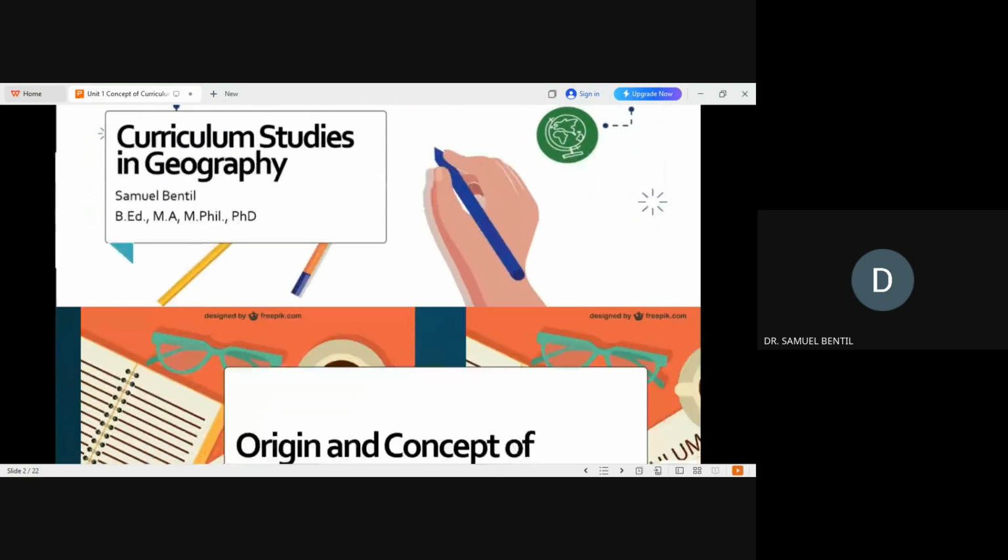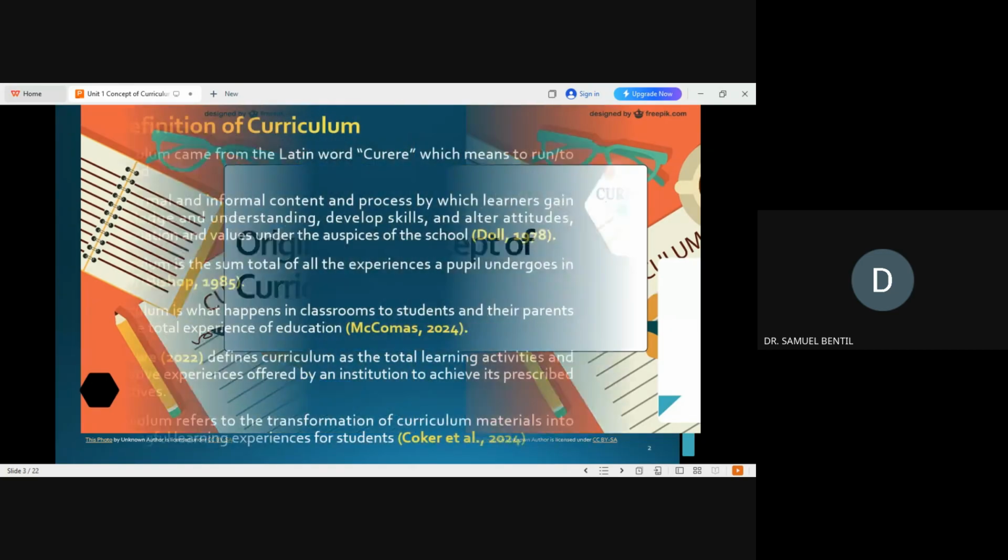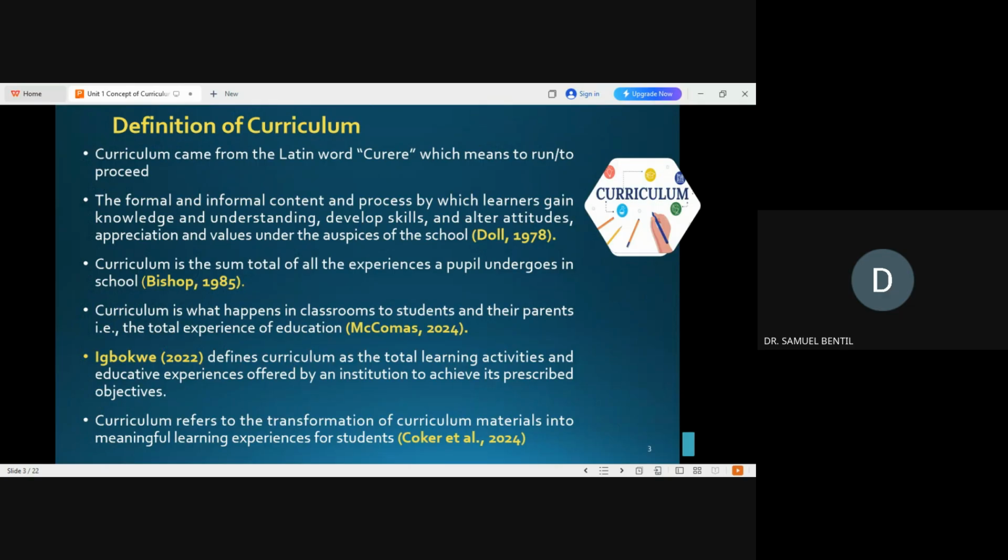Okay. So we are looking at Unit 1, which is the origin and concept of curriculum. The origin and concept of curriculum is the first unit we want to look at. Now there are a lot of scholars' perspectives when it comes to the meaning of curriculum.